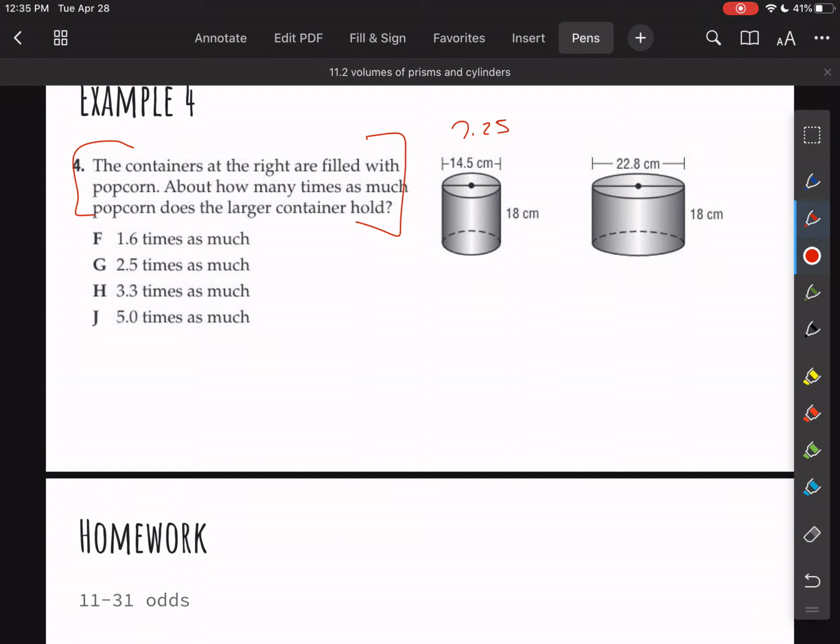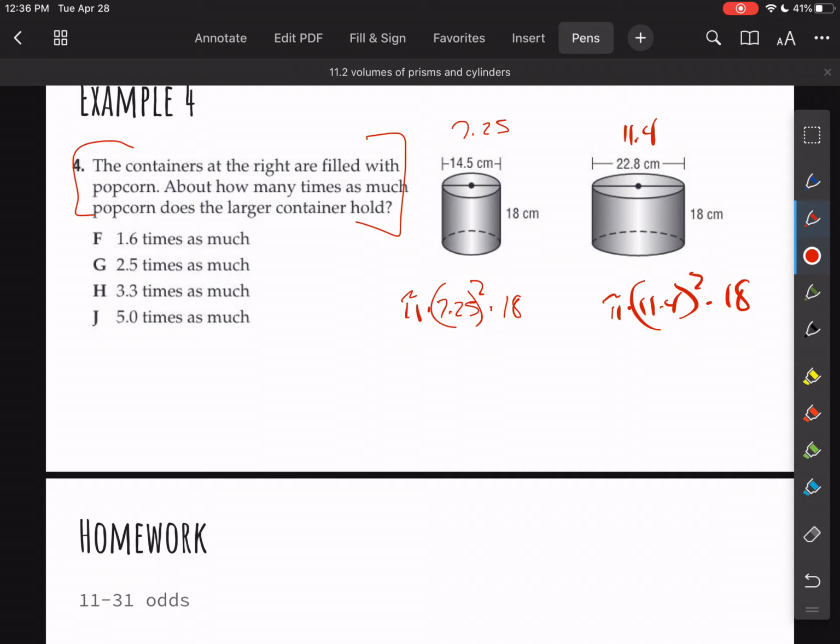Okay, so my radius on the larger container would be 11.4, right? So I'm just going to plug this into my formulas. So this would be pi times 7.25 squared, pi r squared, times the height. And then this one would be pi times 11.4 squared times the height. And let's just see what these numbers come out to.